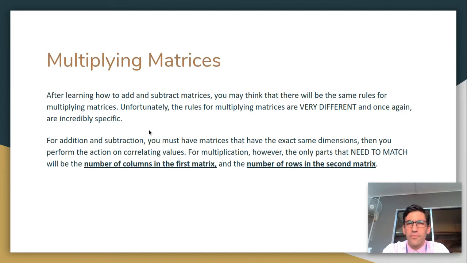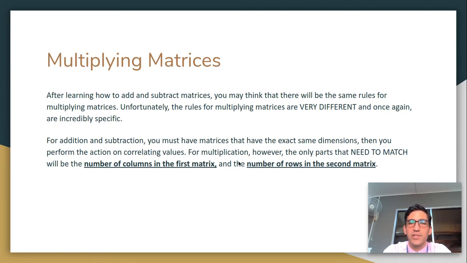So with addition and subtraction, you have the same dimensions on your matrices. Then you perform the actions with correlating values. So, for example, you would add row 1, column 1 with row 1, column 1 of your other matrix. This is very different than how we're going to do it when we multiply.